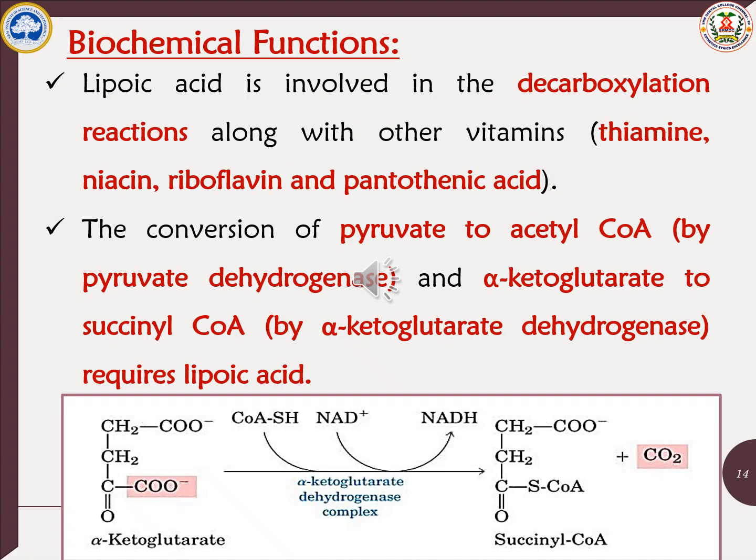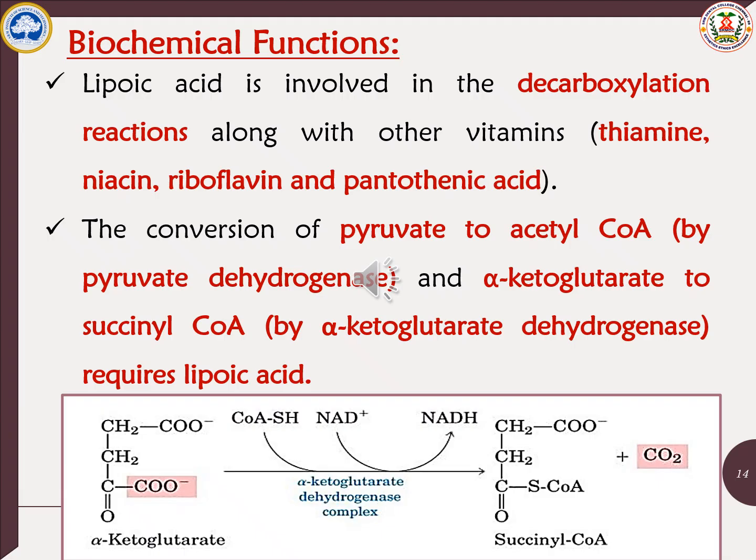When you come to the biochemical function of lipoic acid, I already told you that lipoic acid performs decarboxylation reactions. Unlike other vitamins, lipoic acid cannot perform its function individually or separately. It depends on other vitamins to perform decarboxylation reactions, mainly thiamine, niacin, riboflavin, and pantothenic acid.